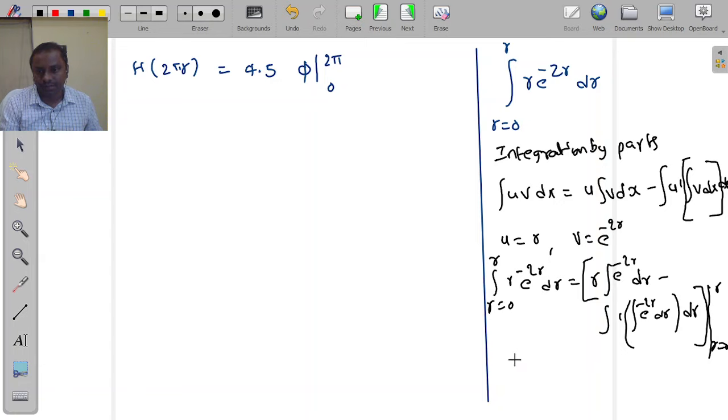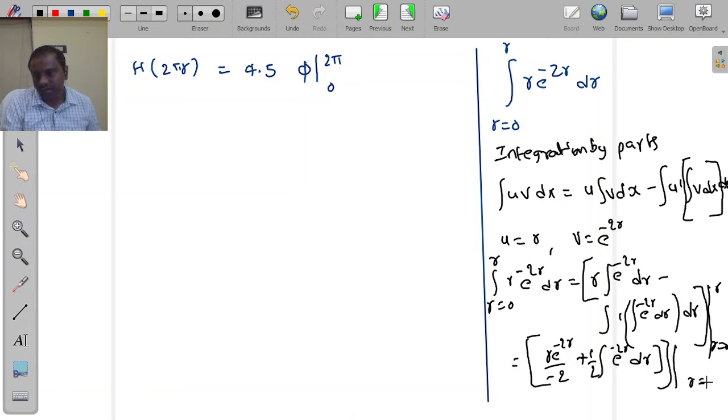When you substitute this, the integral of e power minus 2r becomes e power minus 2r by minus 2. So r into e power minus 2r by minus 2, and the second term, minus of minus becomes plus, e power minus 2r by 2 into dr.